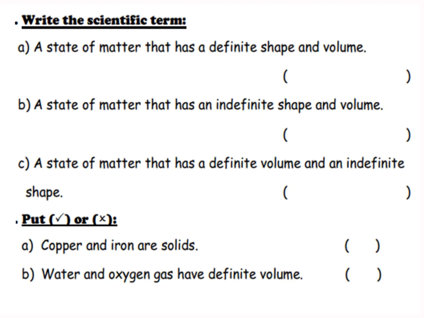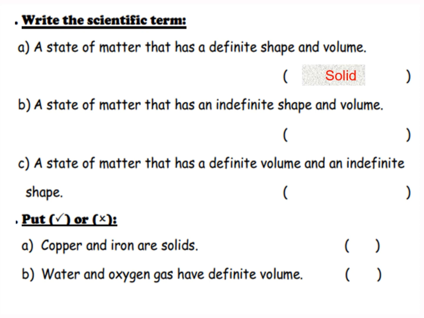Now, let's answer this exercise. A state of matter that has a definite shape and volume. Which one is that? The one that has definite shape and definite volume. Yes, it's solid. Now number 2, a state of matter that has indefinite shape and indefinite volume.